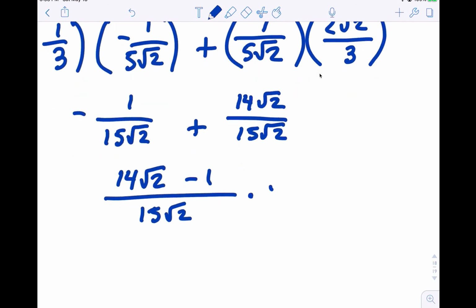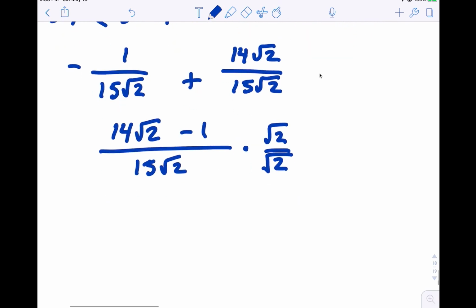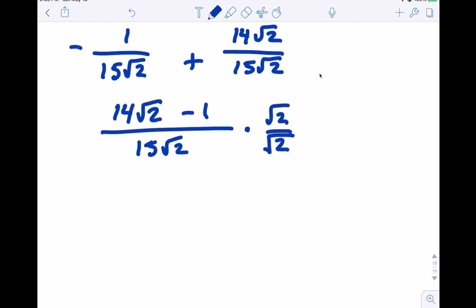And then that's going to give me 14 root 2 times 2, that's 28 minus root 2 over 30.